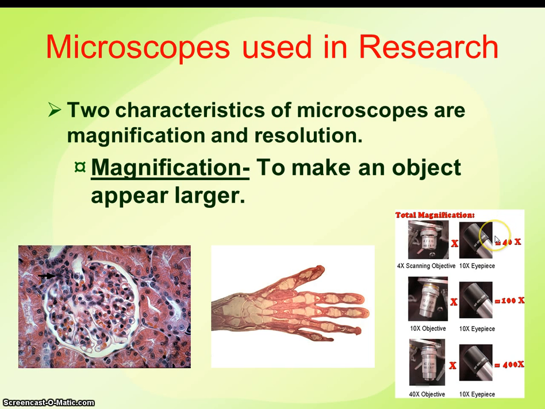The eyepiece is always 10 times the magnification. So if you multiply those together, the total is going to be 40 times the original size, or 100 times, or 400 times, depending on what magnification power you use.